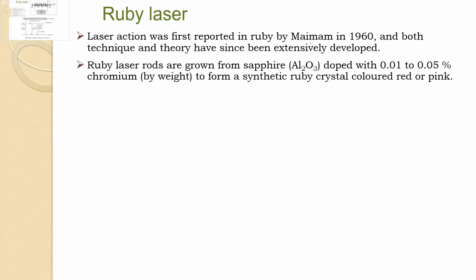So ruby rod is made from sapphire, that is aluminum oxide doped with chromium by 0.01 to 0.05%. Here chromium is used as impurity, to create a metastable state.